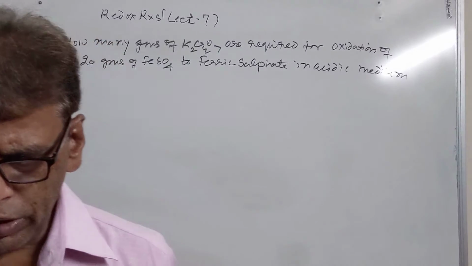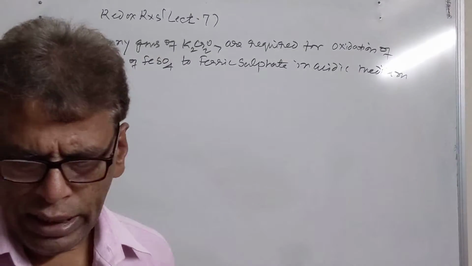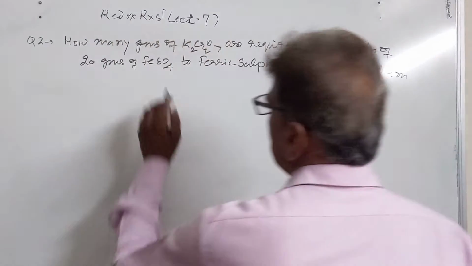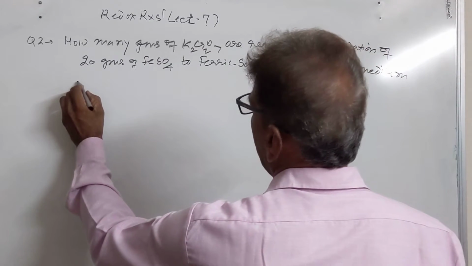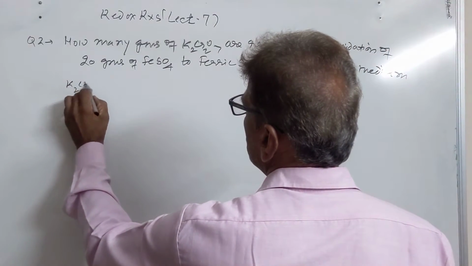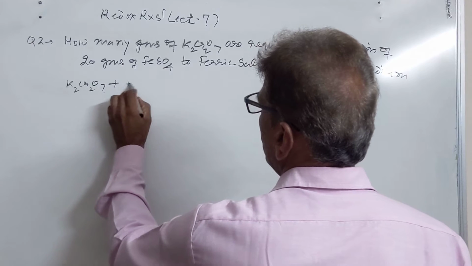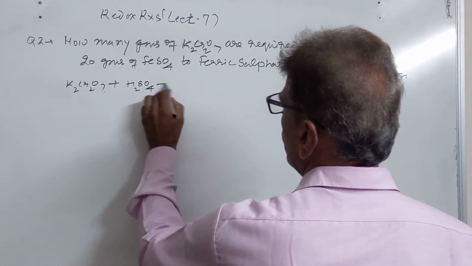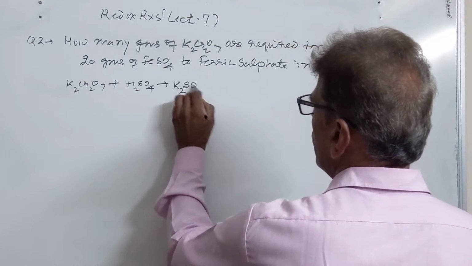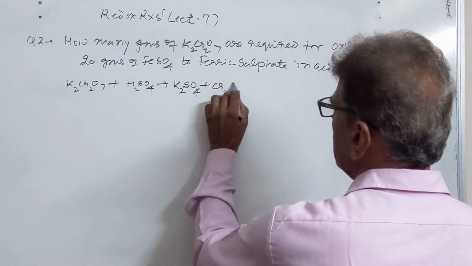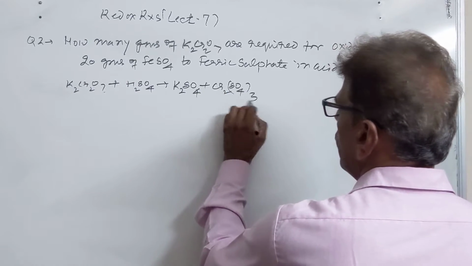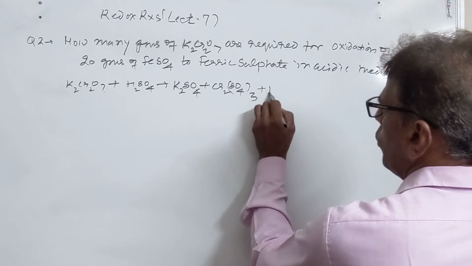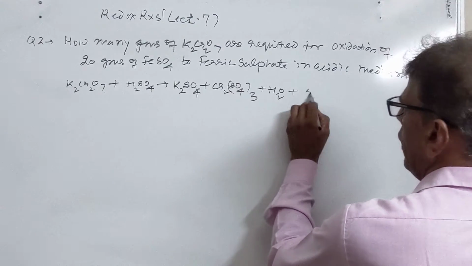Now let us see the balanced equation of this. First of all, K2Cr2O7 reacts with sulfuric acid producing K2SO4, Cr2(SO4)3, plus H2O plus nascent oxygen.